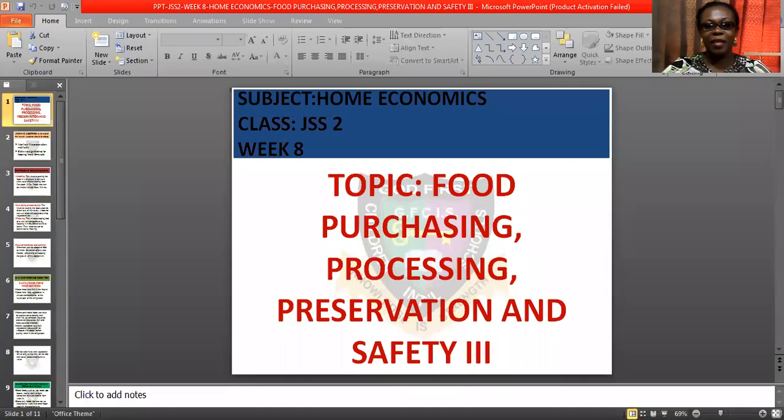The first one, we discussed the definitions, the types, perishable and non-perishable. The second one, we discussed the factors to be considered when buying goods. This one, we are going to look into other things concerning food purchasing, processing, preservation, and safety 3.